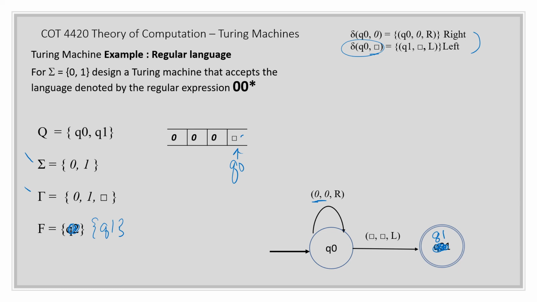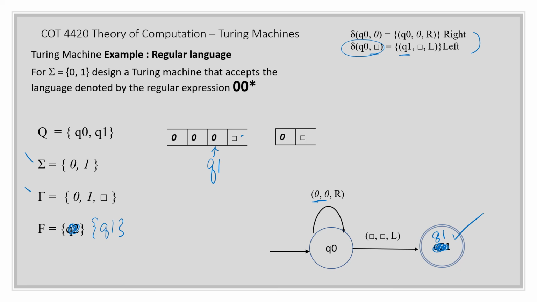So what are we going to do? We're going to take the transition over to Q1, leave the blank alone, but move left, and then we end up in a final or accepting state. So this string is accepted in the language.